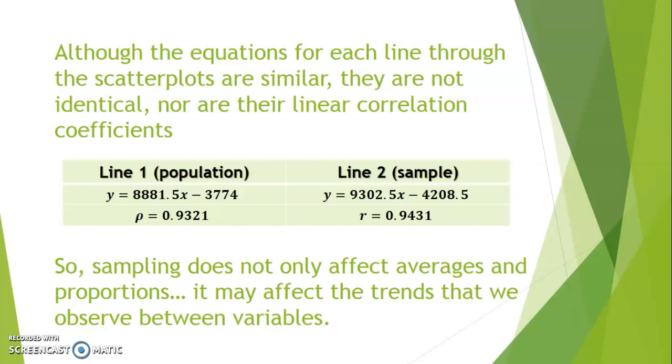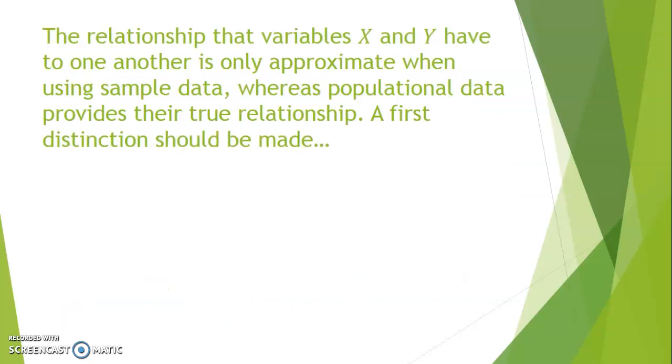So sampling does not only affect averages and proportions, as we saw in the previous section, it may also affect the trend that we observe between variables. The relationship that variables x and y have to one another is only approximate when using sample data, whereas populational data provides the true relationship.